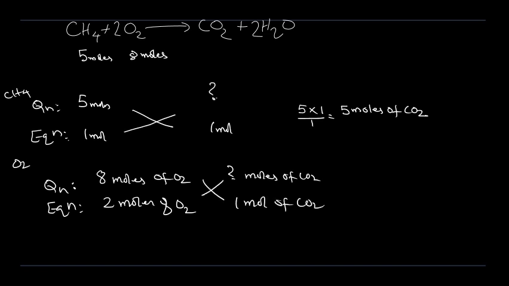So we can cross multiply. That means 8 times 1 divided by 2, which equals 4 moles of carbon dioxide. So we can say that 4 moles of carbon dioxide is the smaller amount of product. So that is going to be our limiting reagent, and methane is going to be our excess reagent.